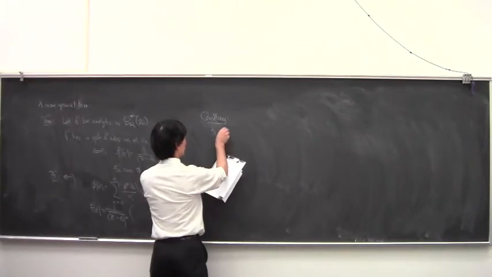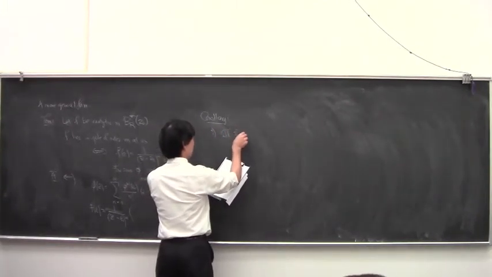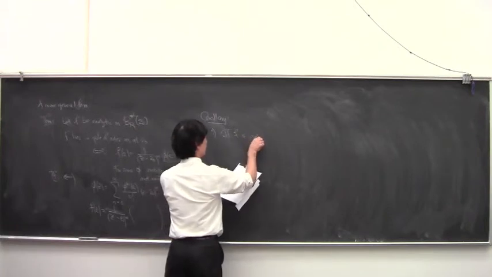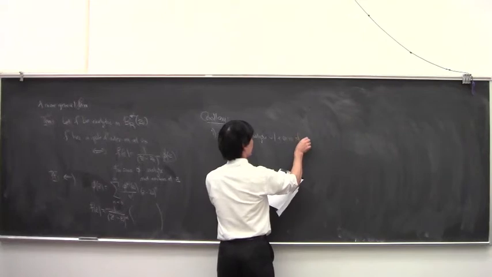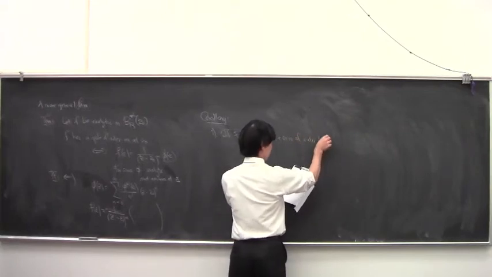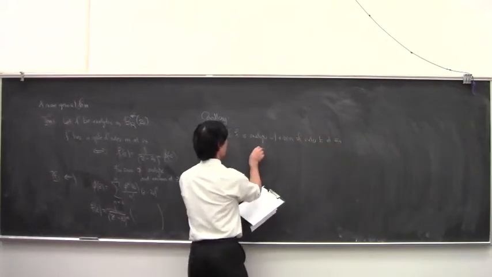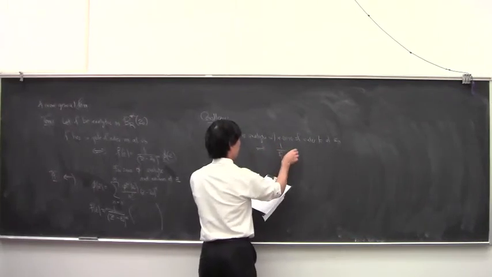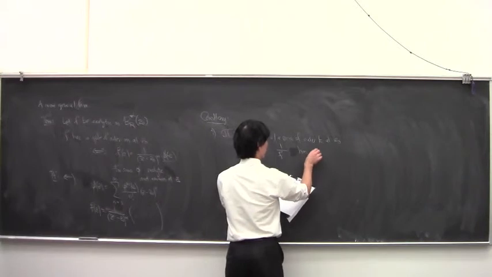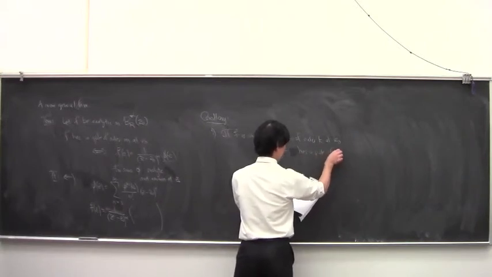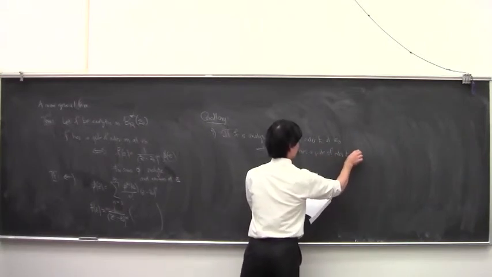So if f is analytic with a zero of order k at z naught, then 1 over f has a pole of order k at z naught.